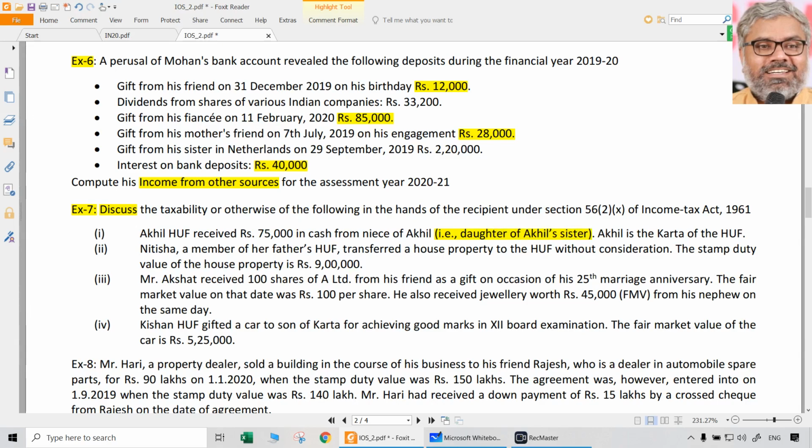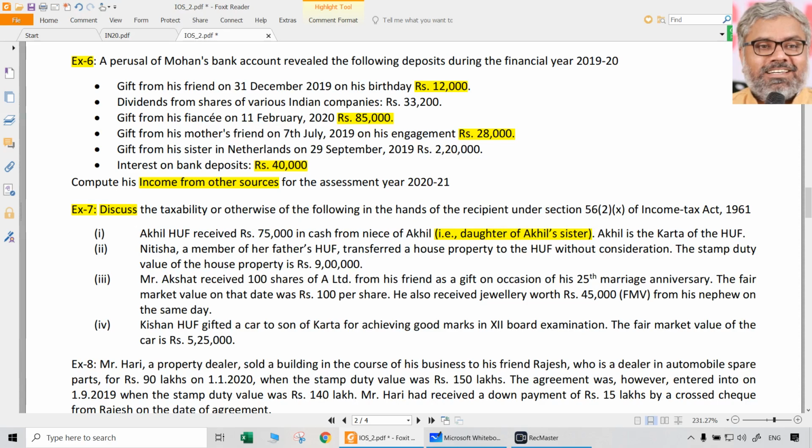Okay. So first of all, for HUF, who is a relative? Member of HUF is a relative. Now the question is whether the daughter of Akhil's sister will be a member of Akhil's HUF. No, not possible. Akhil's sister is a member of Akhil's HUF by birth, yes. But the daughter of Akhil's sister will be a member of her own family's HUF, which will change after marriage.